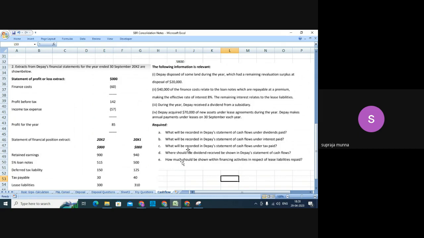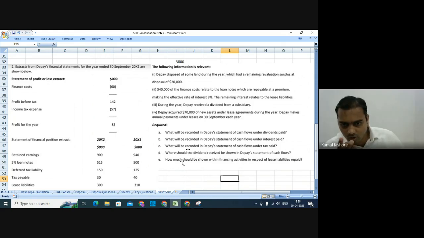The dividends paid is a cash outflow. How much will be recorded?